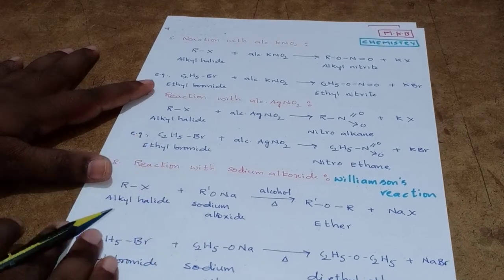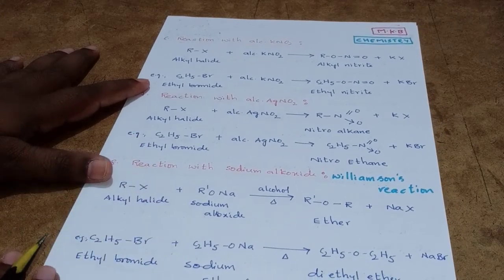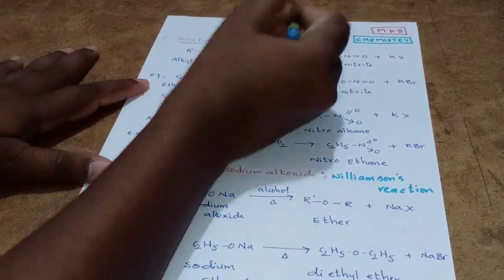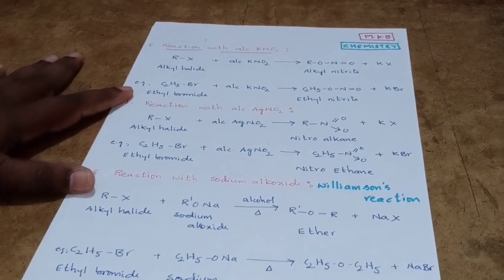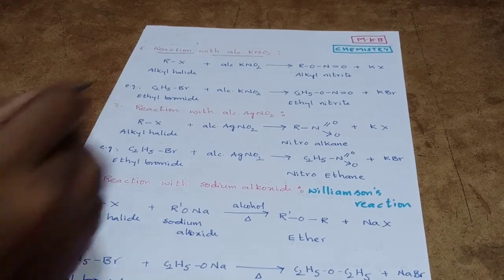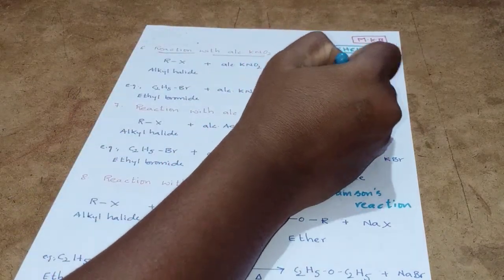Then reaction with potassium nitrite, alcoholic potassium nitrite. With alcoholic potassium nitrite, alkyl halides give alkyl nitrite.